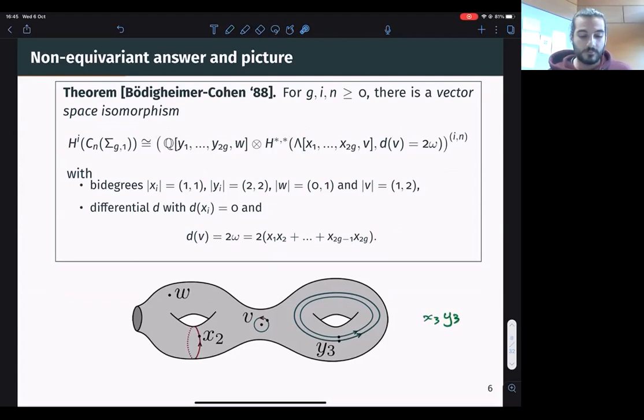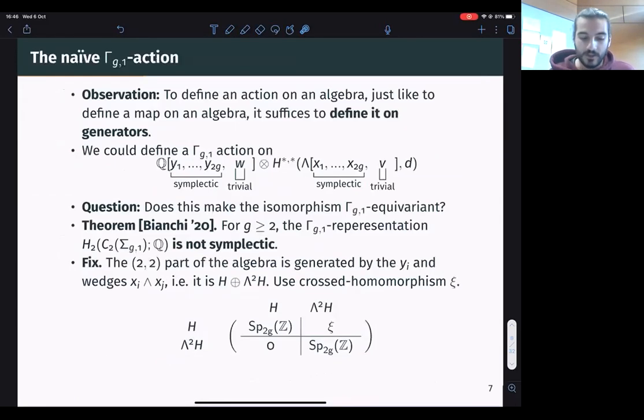What I propose to do is to add one more clause here and tell you what the action on the right must be so that this is an isomorphism of Γ_{g,1} representations, because this is an isomorphism of vector spaces up to this moment. And to define an action on an algebra, just like to define a map from an algebra, suffices to define it on generators, right?